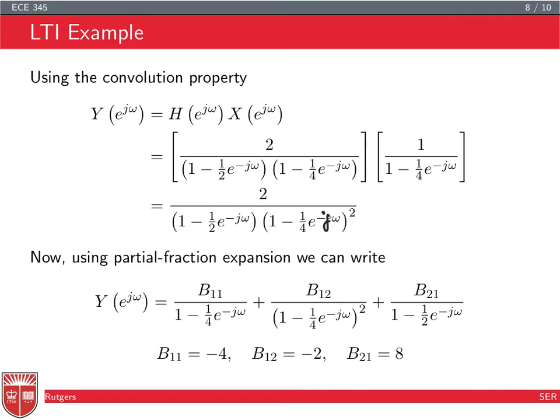But since 1/4 is a pole with multiplicity 2, we have to add also one term that is (1 minus 1/4 e^(-jω)) squared, and this is how we can do the partial fraction expansion. Now, we use the same method we learned before to find these coefficients, and you can find them equal to -4, -2, and 8. And please do these calculations at home and double check these values.